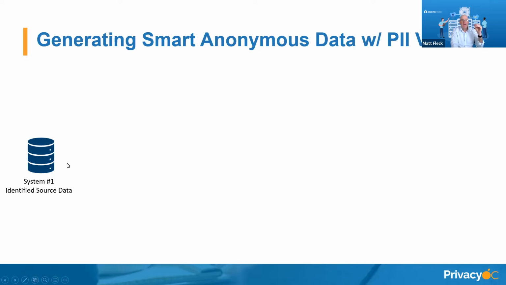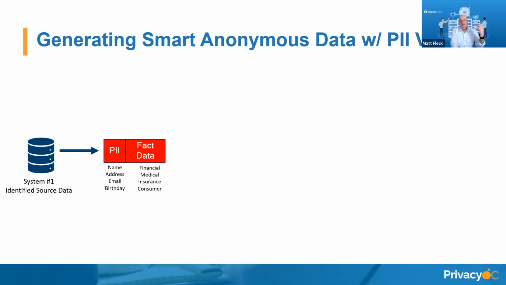Everything's perfectly fine there. It's when you pull that data out, the identified fact data, and that could be any industry, any type of data, financial, medical, et cetera, when it has the direct identifiers like names, IDs, email addresses, anything that can be used as a direct identifier, that data is at risk. It's left its safe environment.